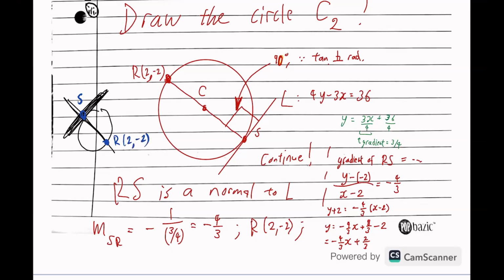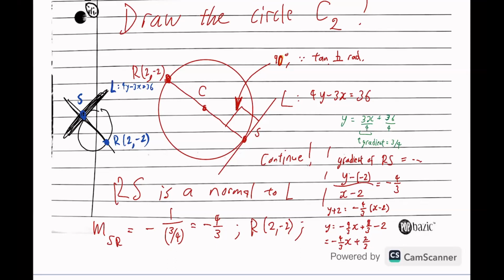There's only one correct answer, because you need to find the coordinates of S. Let's think about it. The tangent line here is L, which is 4y minus 3x equals 36. Which one looks more correct?